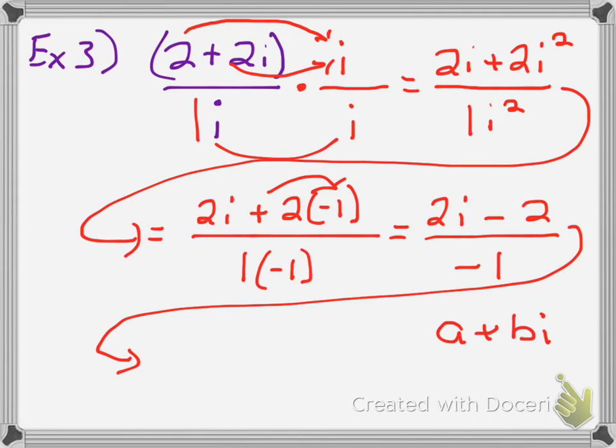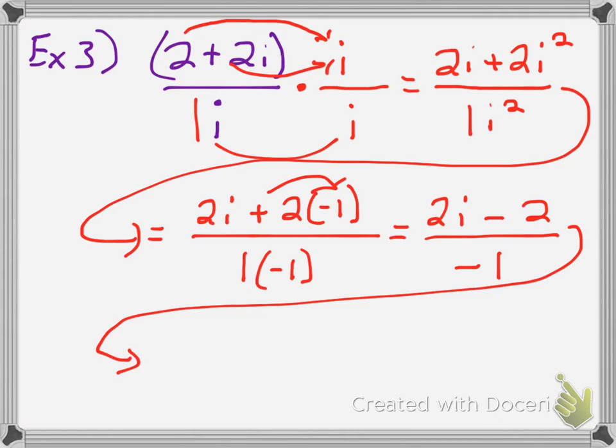I know I'm going to have a complex number. You'll see what I mean when I work this. We want the real number part first, and then the imaginary part. Right here is the imaginary part of my answer. There's no other like terms that go with it, so that's how I know it's complex.